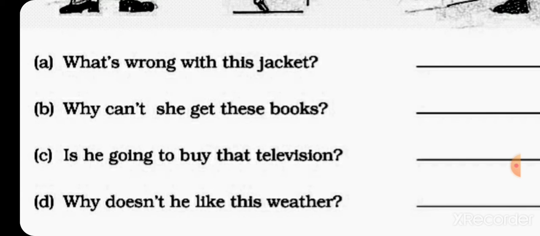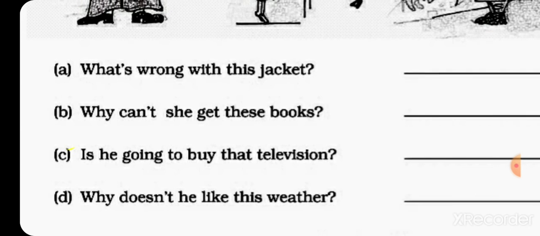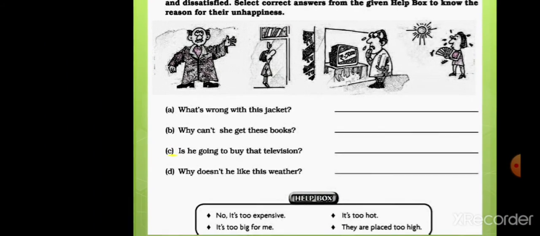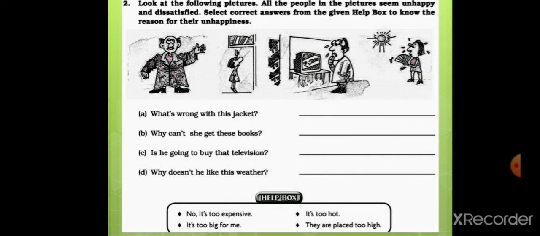Is he going to buy that television? No, it's too expensive. And the last one is, why doesn't he like this weather? Because it's too hot. So these are the reasons why all these people are unhappy, or we can say dissatisfied.